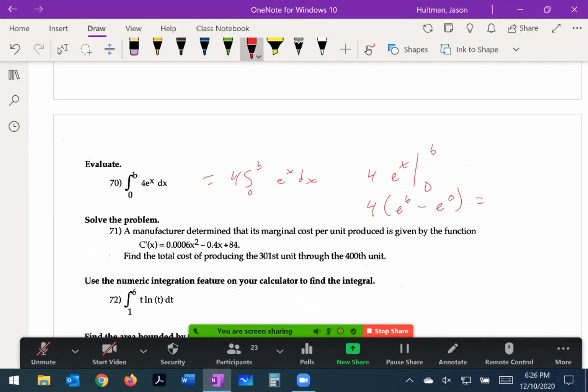Sorry, e to the 0 is 1. And so I just get 4 times e to the b minus 1. You could distribute that if you like, and you get 4e to the b minus 4.